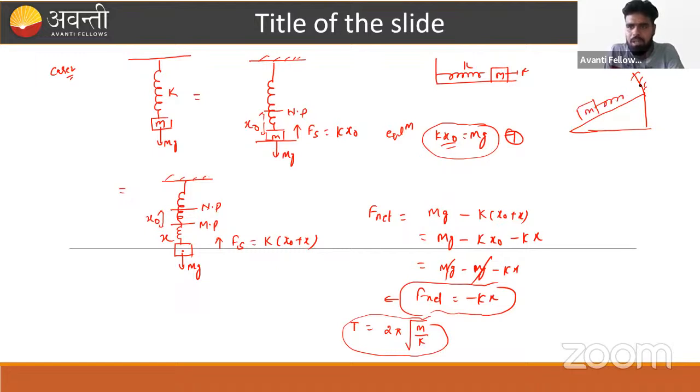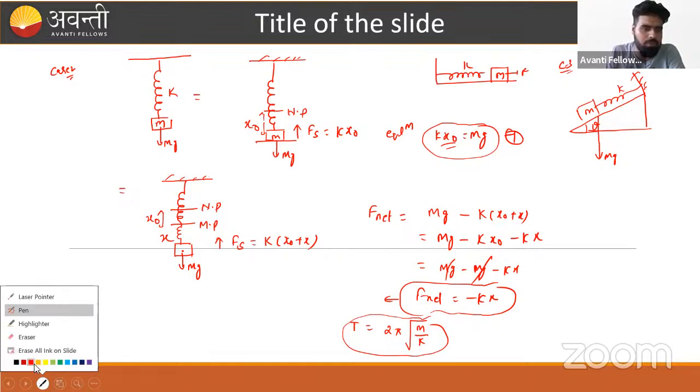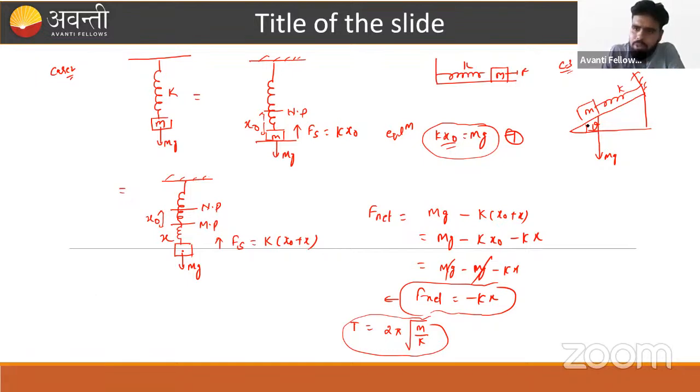How will the same result come? If our angle of inclination is theta, then there are two components of force mg. From Newton's law of motion, one force is acting along the incline, that is mg sin theta. Another force acting here is mg cos theta, and mg cos theta is nothing but that which balances the normal force.